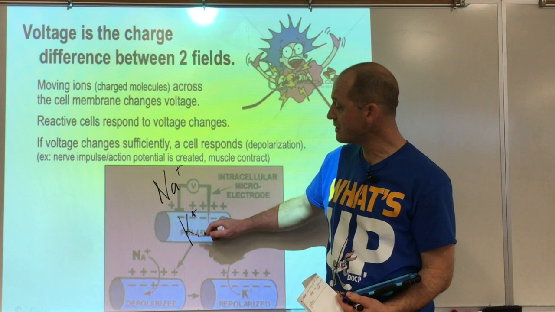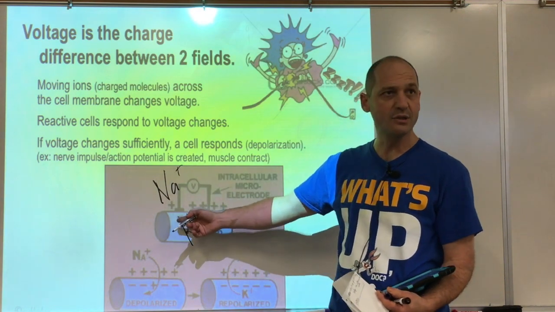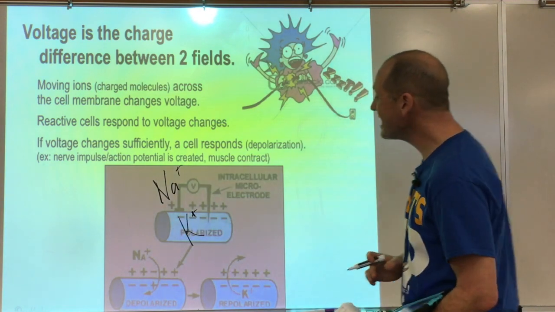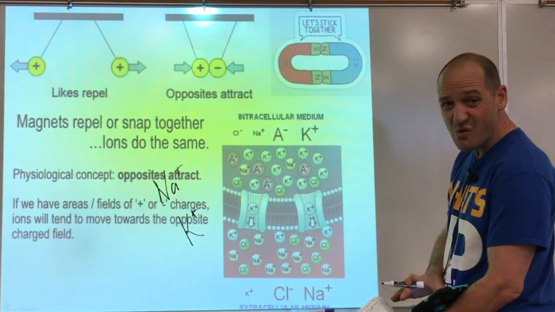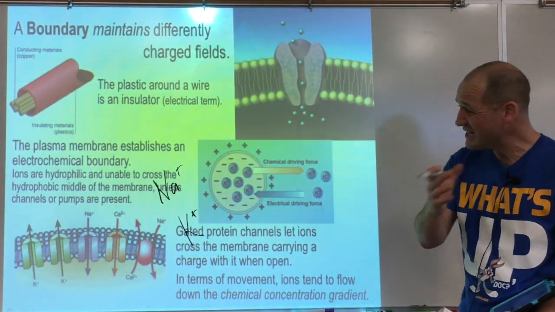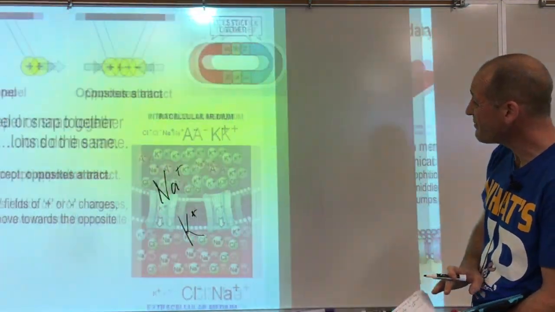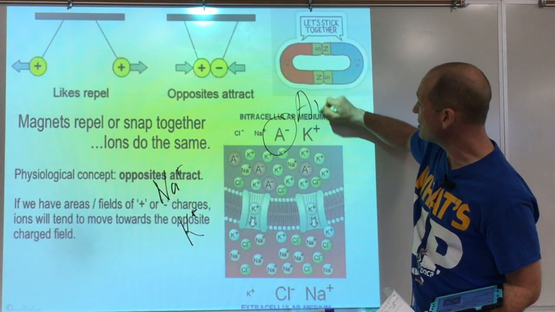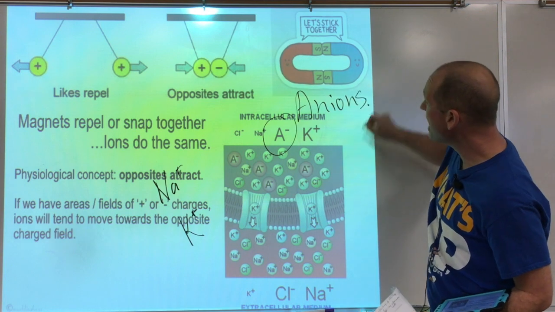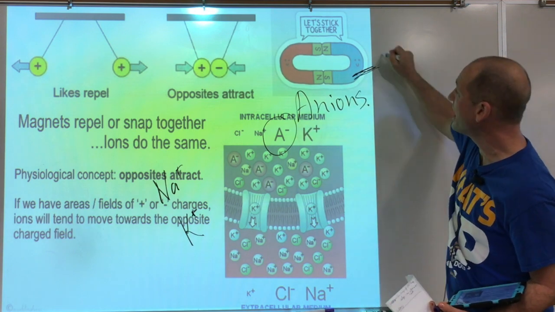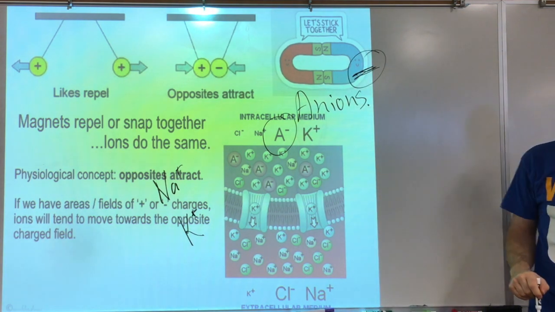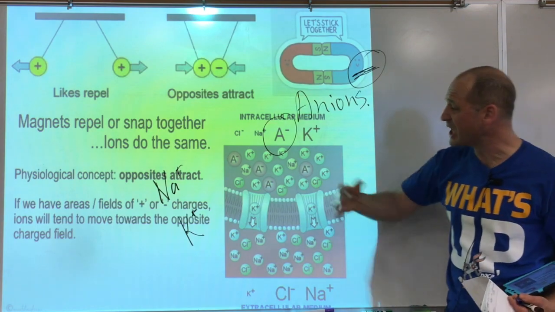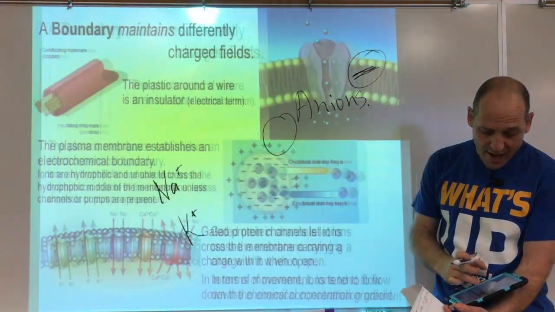And you go, well, how is that going to make a difference with the electricity? The reason the electricity is a bit goofy and sometimes doesn't make sense with the positives and negatives is that we have a lot of these anions. Anions are large molecules that have a negative charge, and they're overpowering, so the inside, generally speaking, is more negative.